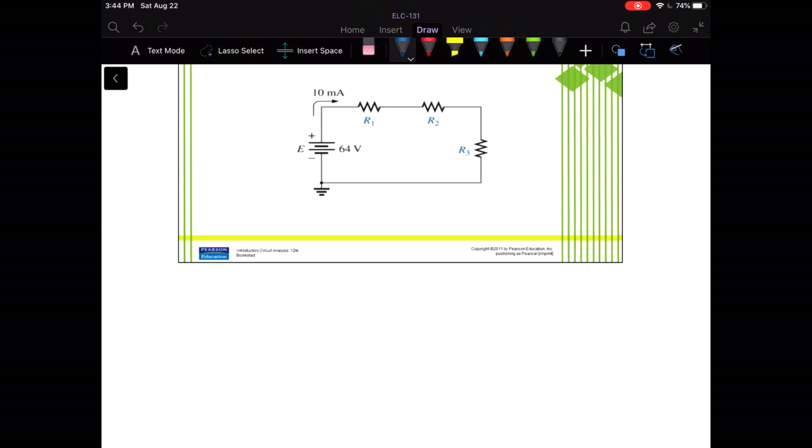So let's work on this design circuit. We were asked to find R1, R2, and R3 so that V2 is 3 times V1, and V3 is 4 times V2.